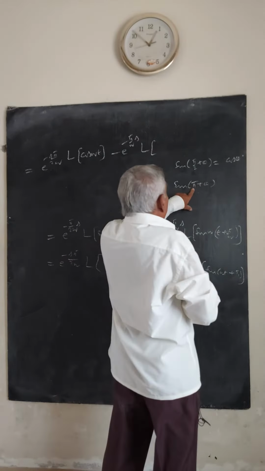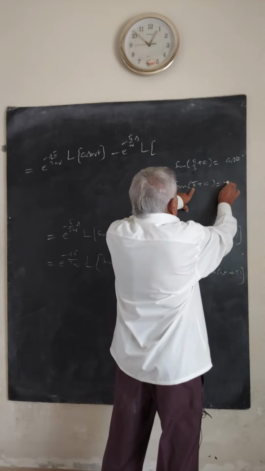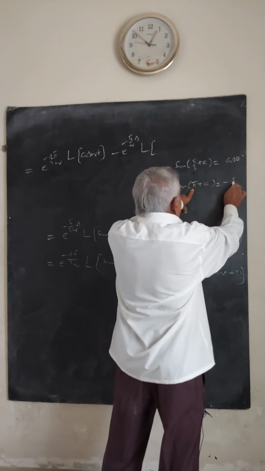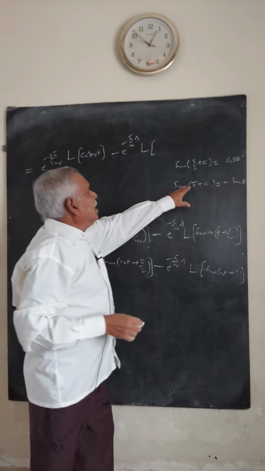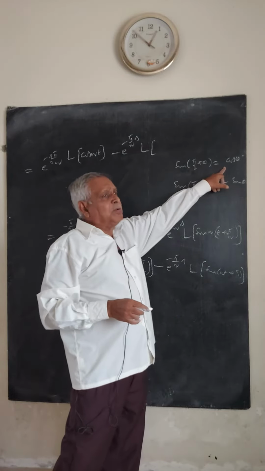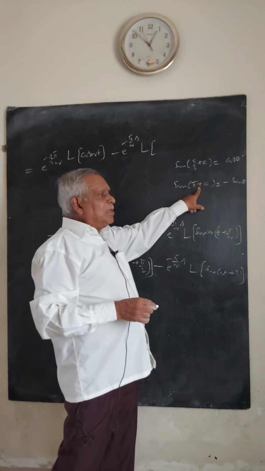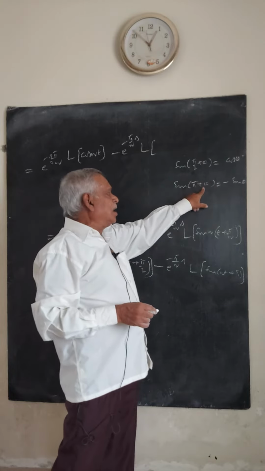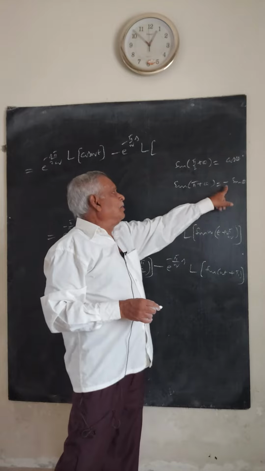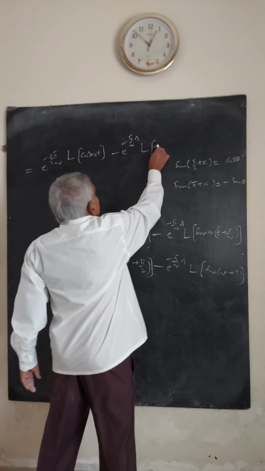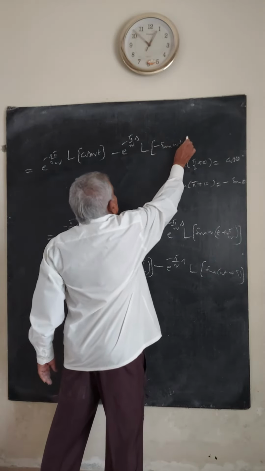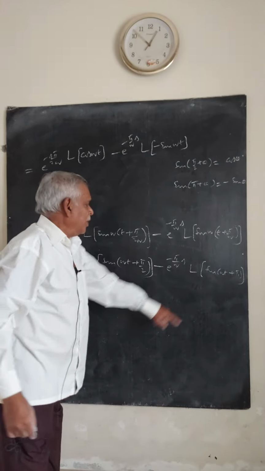Therefore 180 plus theta is negative, and if pi comes, it stays the same: sin theta. Pi by 2 comes cos theta with the co-ratio changing, but pi stays sin theta. In the third quadrant, 180 plus theta gives minus sin theta, so here minus sin omega t.